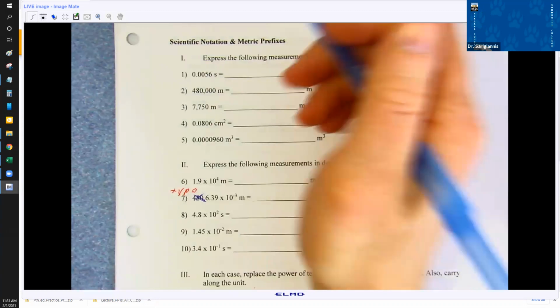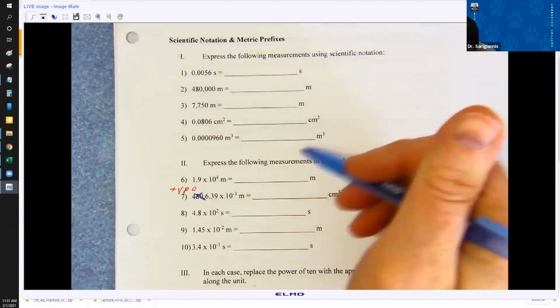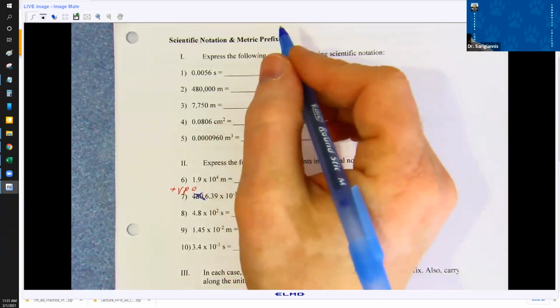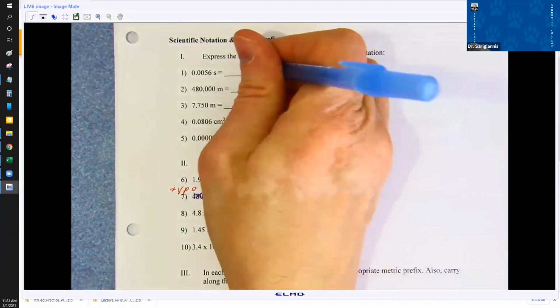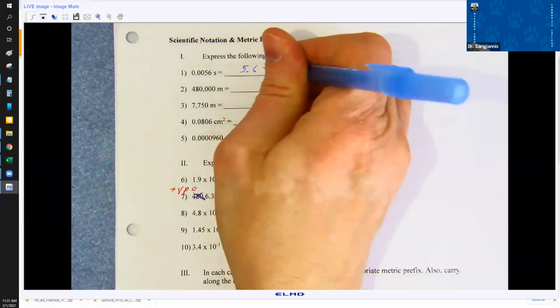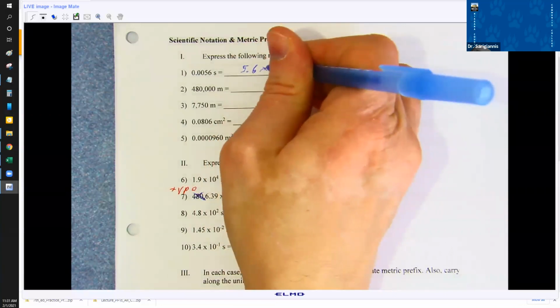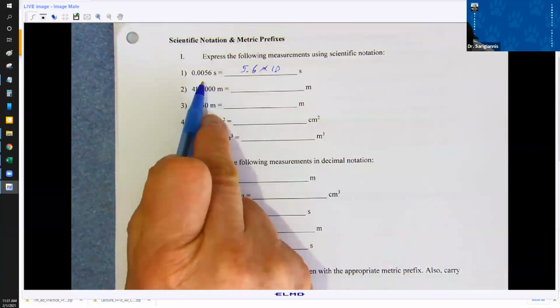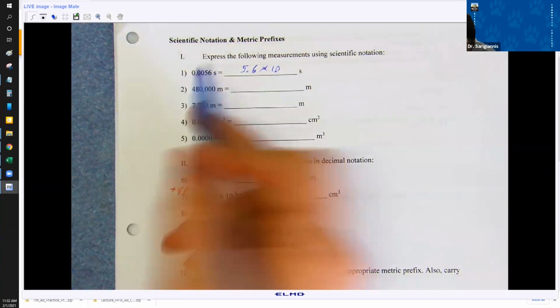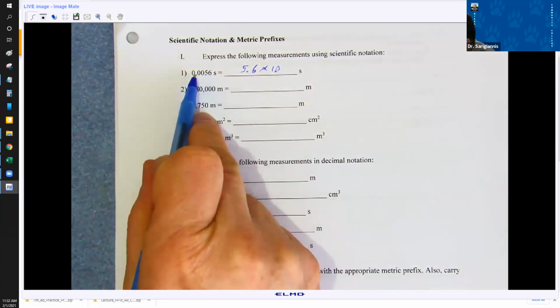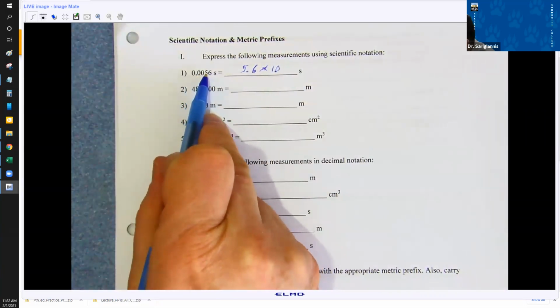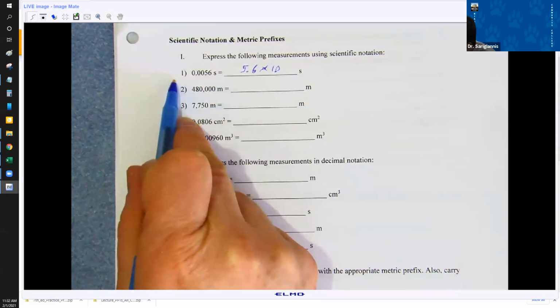Again, these are scientific notation, which we've done already. It's more like in-class practice. So here we've got 5.6 times 10 to the what? We're going to move our decimal. There's a few ways to look at it, right? You can look at it as I'm moving it 1, 2, 3, and I've got to divide to get back.